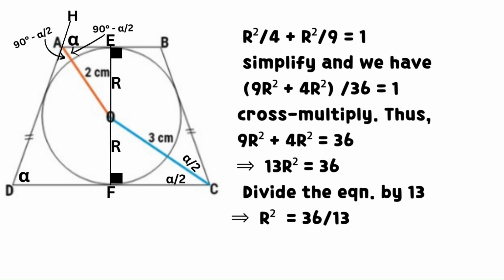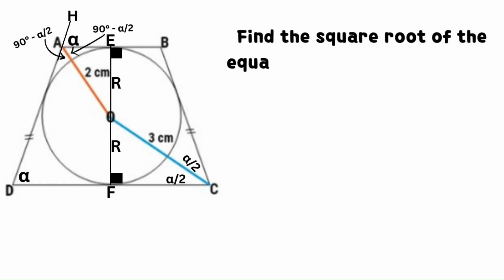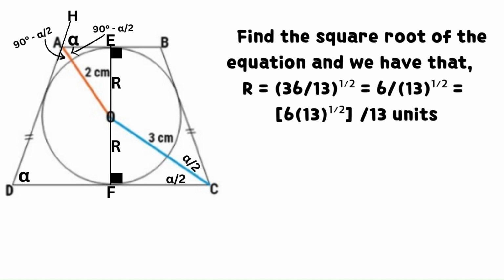Divide the equation by 13. It implies that the square of r equals 36 divided by 13. Find the square root of the equation, and we have that r equals 6 times the square root of 13 all divided by 13 in units.